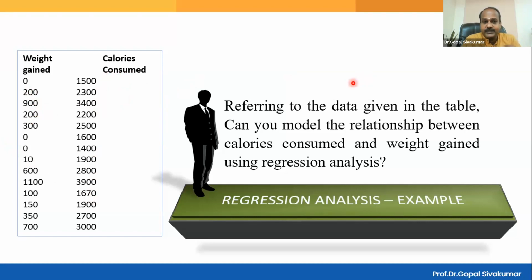Some people eat less but still put on more weight. Some people eat a lot more, but they still look like this. It varies from person to person. Lot of factors involved. Yes or no? Yes. So it is always good to conduct an experiment and understand the relationship.